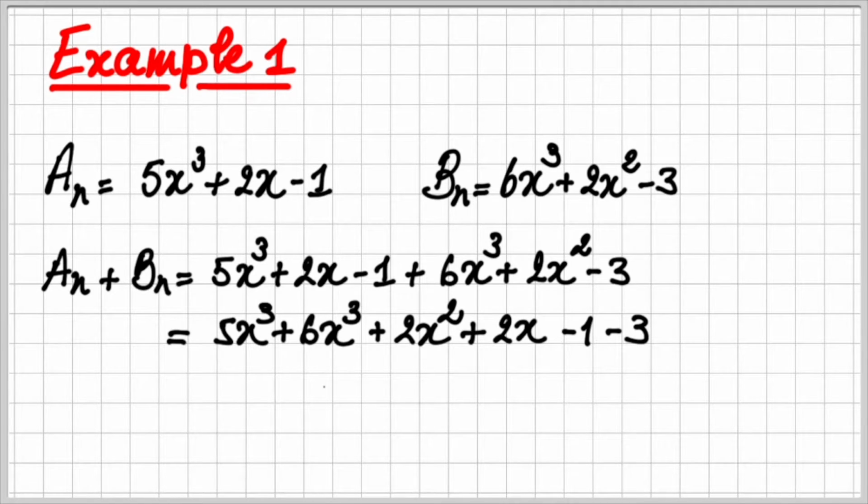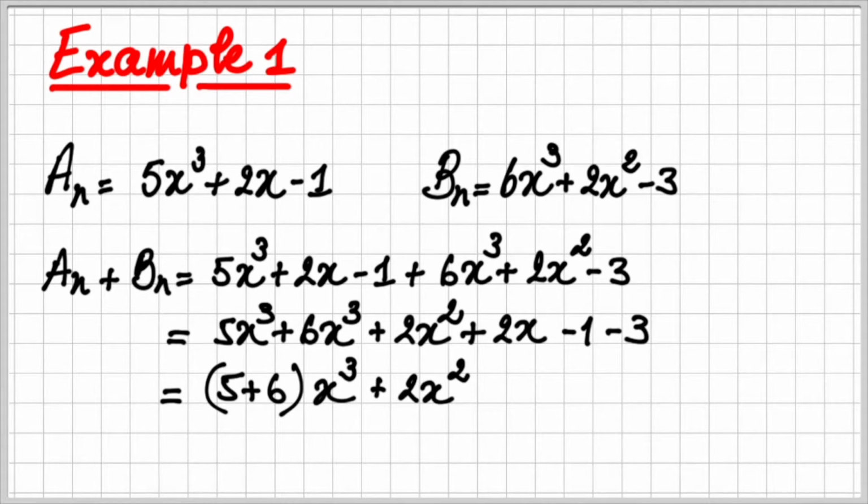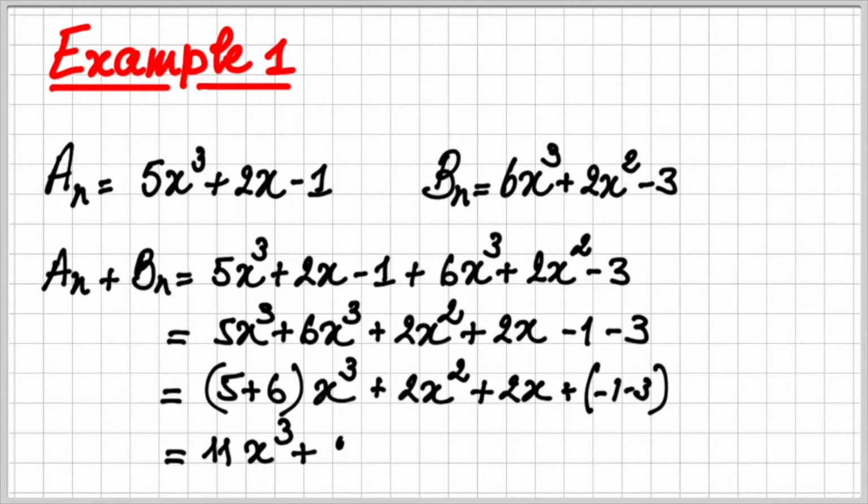And when we add the terms, the coefficients of the powers of x which are identical, I can say that we have (5 plus 6)x to the power 3 plus 2x squared plus 2x plus minus 1 minus 3, which gives us the final result. It is 11x to the power 3 plus 2x squared plus 2x minus 4.